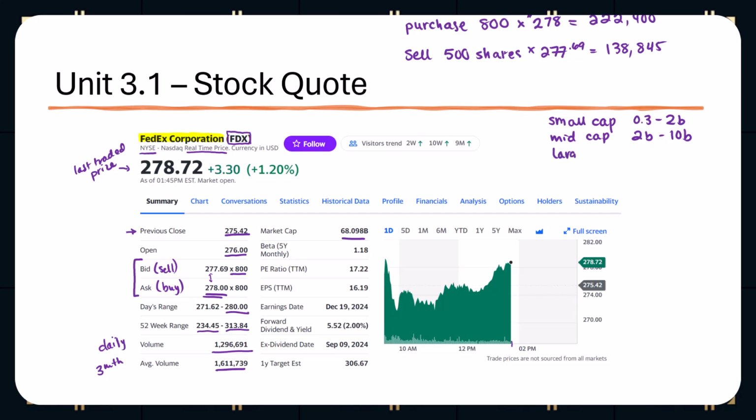A large cap company will have a market cap somewhere between 10 billion and 200 billion. And of course, that's where FedEx is. And then last but not least, we have a mega cap, and that's going to be anything that exceeds $200 billion in market cap. Remember, market cap is price times shares outstanding. So we could, if we wanted to, back out the number of shares outstanding approximately for FedEx.